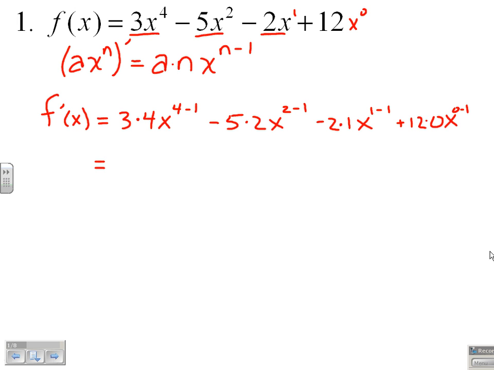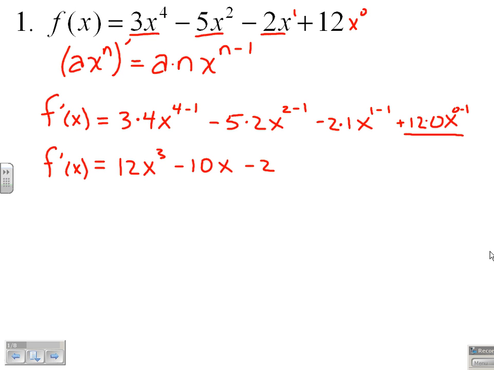So I end up with, for my derivative, 12x to the third minus 10x to the first minus 2x to the 0th, but of course x to the 0th is 1, plus 12 times 0 times x to the negative first, but 12 times 0 is 0, 0 times 1 on x, 0. So there is our f prime x, or our derivative.